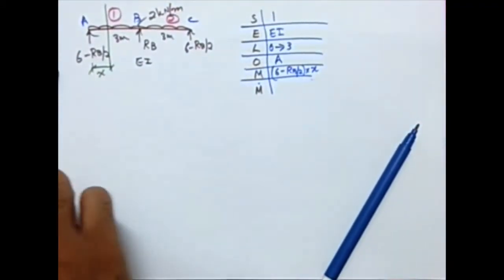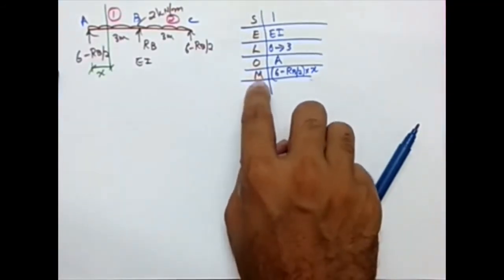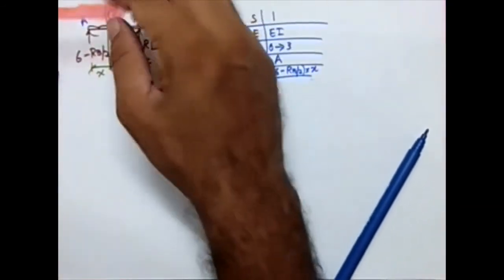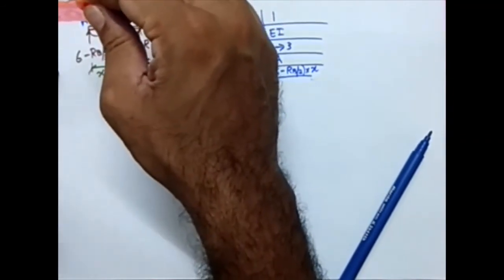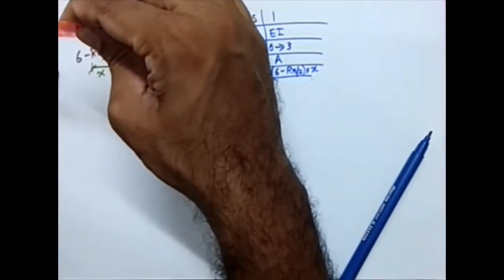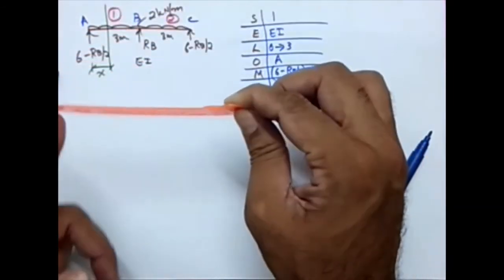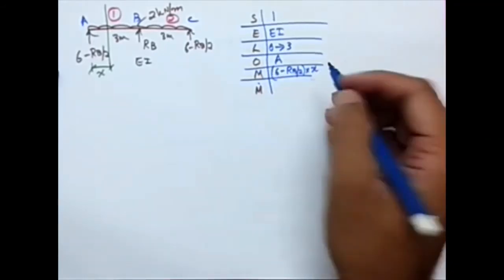Here, what do I need to consider: clockwise, anti-clockwise, or sagging, hogging? Sagging, hogging, because it is not a summation of moments, it is the moment at a section. It is like I'm fixing at this point, and the other end is free, and I'm having a moment like this. So this is sagging, and hence it is positive.